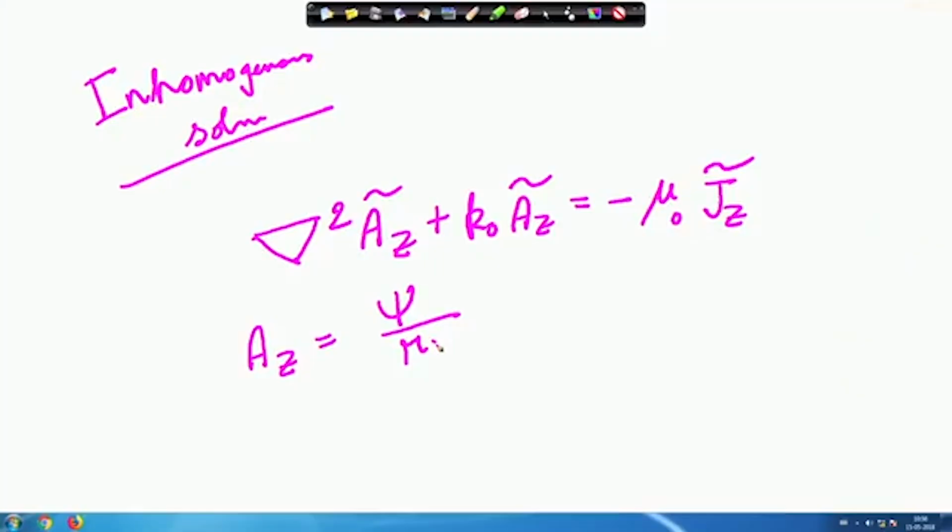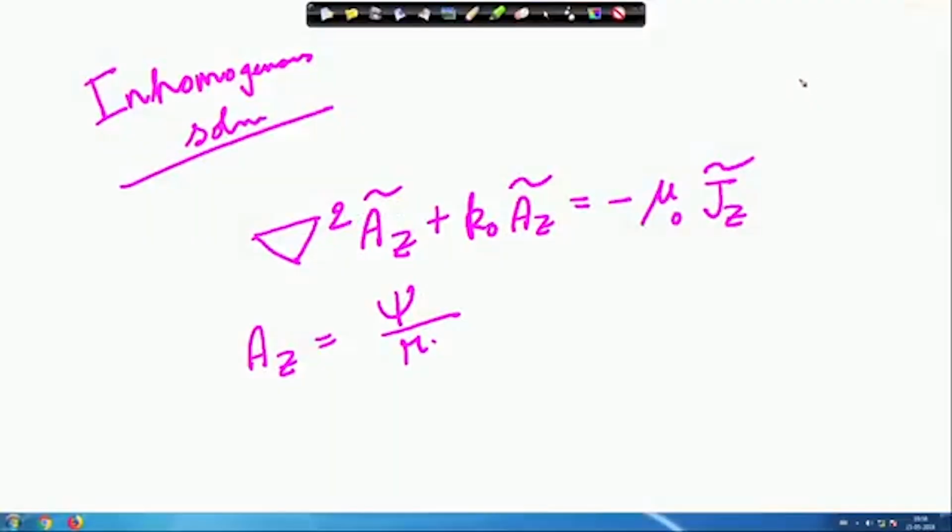So, to find the source strength, we integrate both sides of this scalar Helmholtz equation over a small spherical volume of radius r.